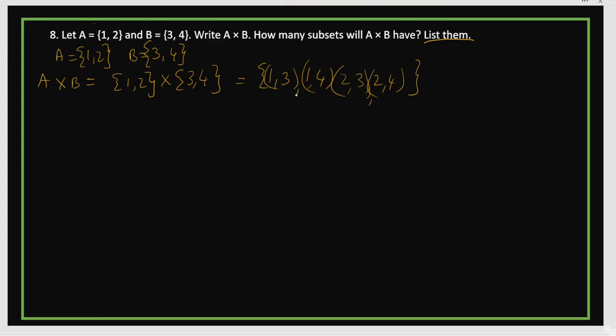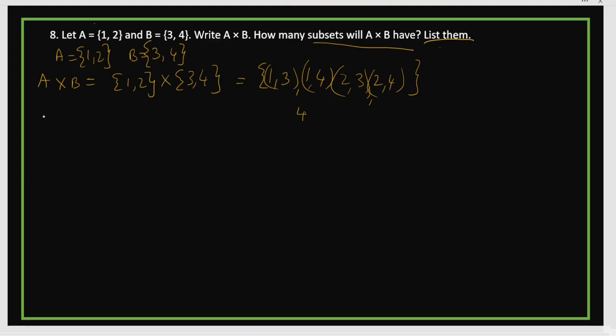But now you have to find out how many subsets there are. This is also easy, but listing them is very laborious. How many subsets are there for this? How many elements are here? 4.